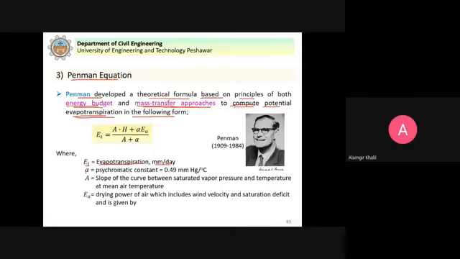We have this alpha, the psychrometric constant, its value is known to us, 0.49 millimeter mercury per degree centigrade or Celsius. A in this equation is the slope of the curve between the saturated vapor pressure and temperature at mean air temperature.